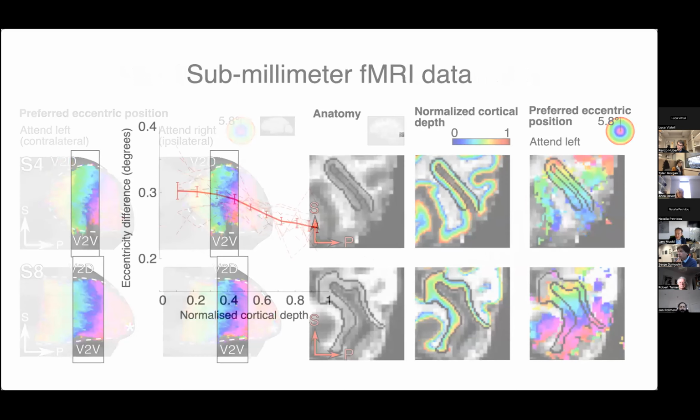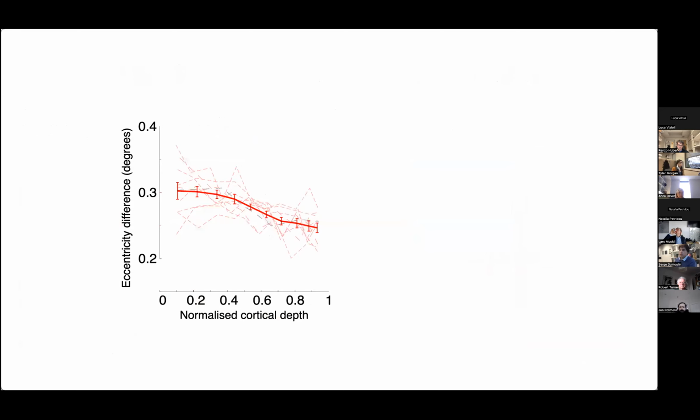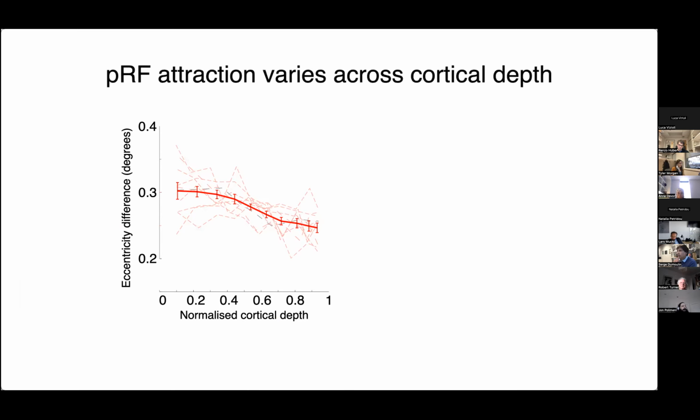So if you collapse that across different subjects, where the dashed lines are different subjects, you have the eccentricity difference across cortical depth. 0 is the gray-white boundary. Then you see that there's a decreased slope. So the PRF position changes are the biggest in the deeper layers. So PRF attraction actually varies across cortical depth, and the PRF changes are larger in the deeper layers.